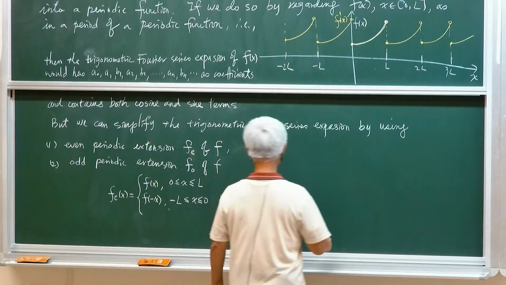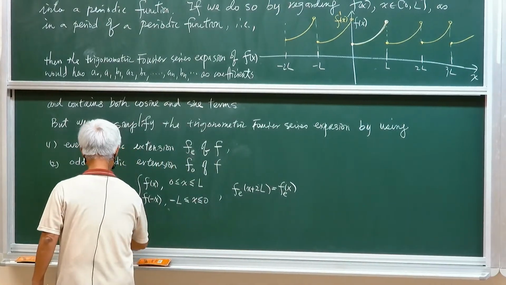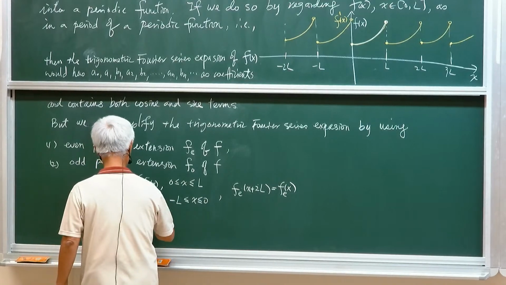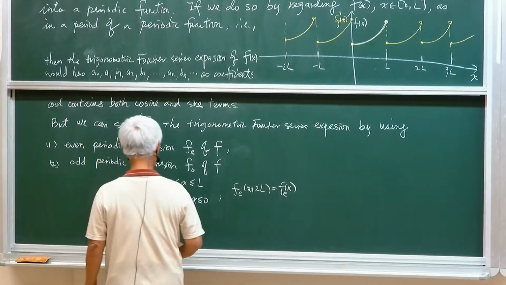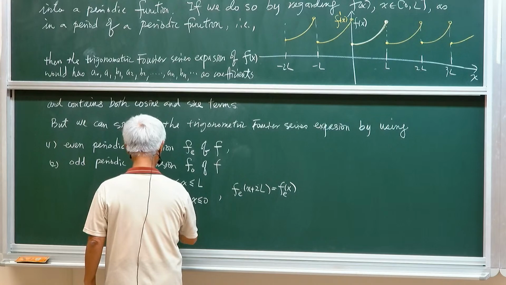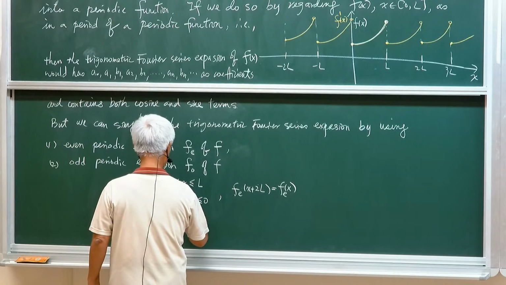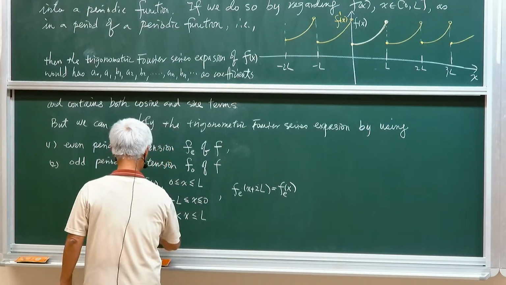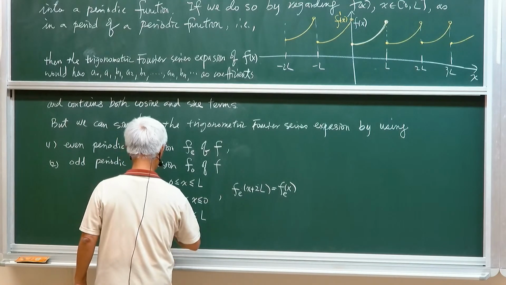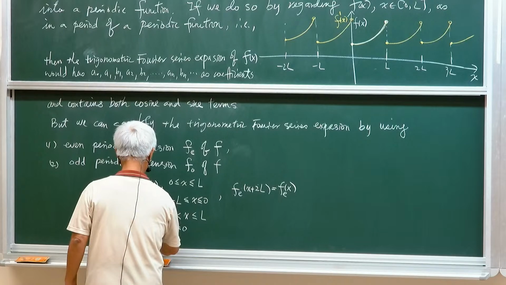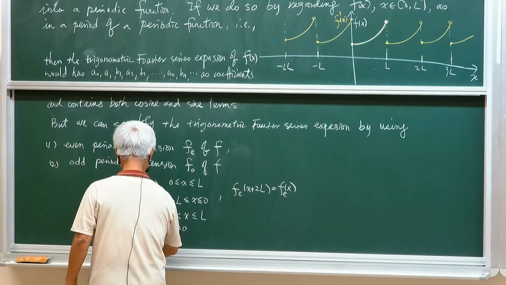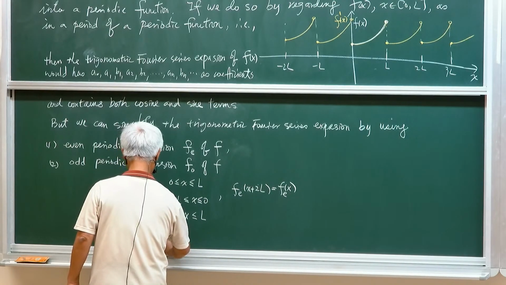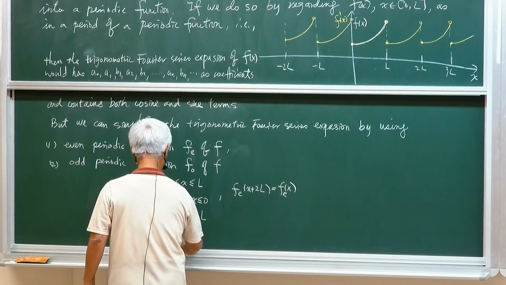And the odd periodic extension becomes, so this is f(x) for 0 < x < L, and it's 0 when x equals 0, and then minus f(-x) when x is between -L and 0.